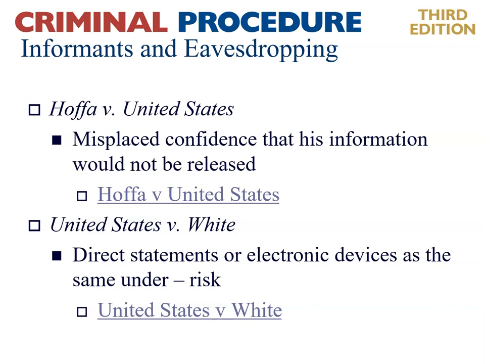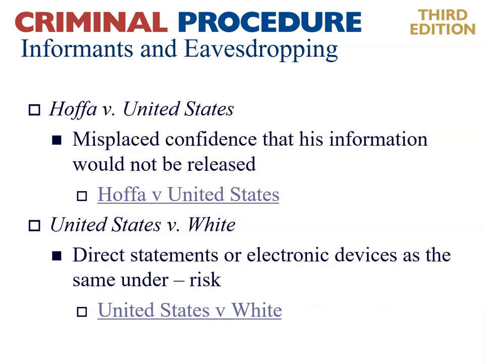And there were also a couple of other very interesting cases as they relate to informants and eavesdropping. One of them would be the Hoffa versus United States case, which basically talks about misplaced confidence that the information would not be released.